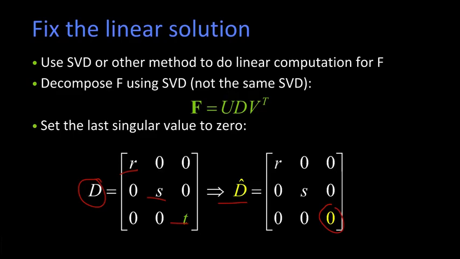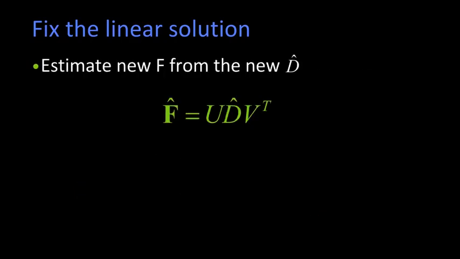Great. Once we've done that, we can build a new F, which I'll call F hat, using the same U that we got the first time, the same V that we got the first time, but we substitute in this new D, D hat, which only has 2 diagonal elements. And that gives us a new fundamental matrix that has just rank 2.